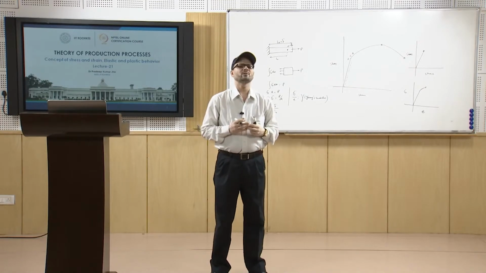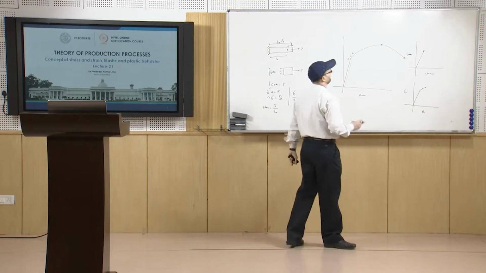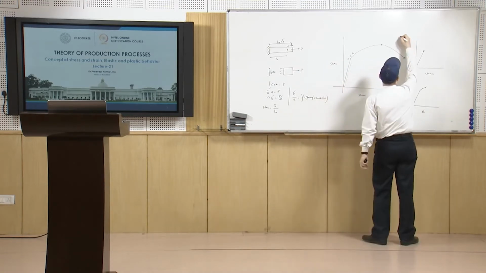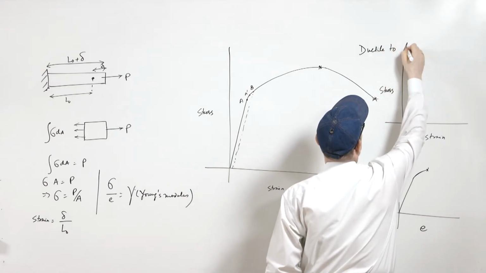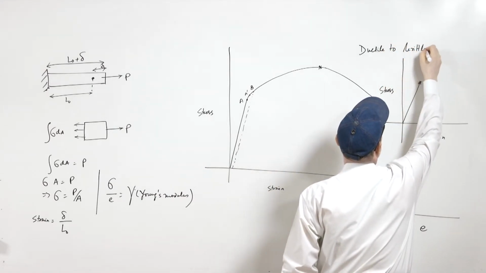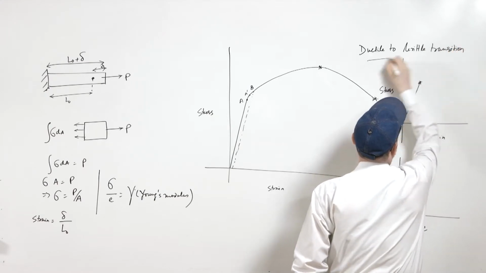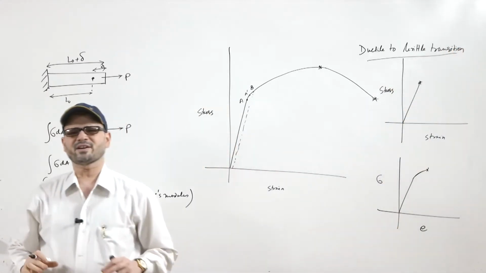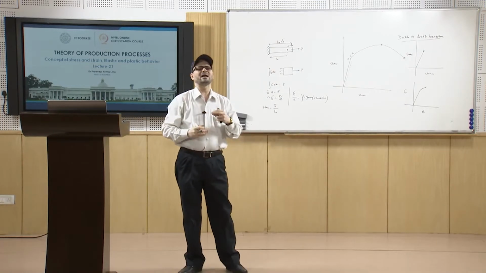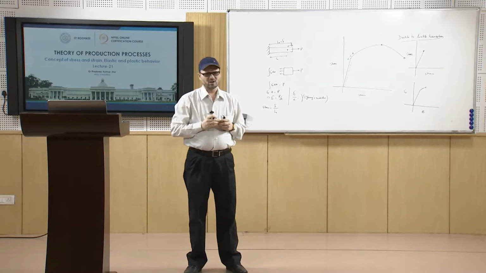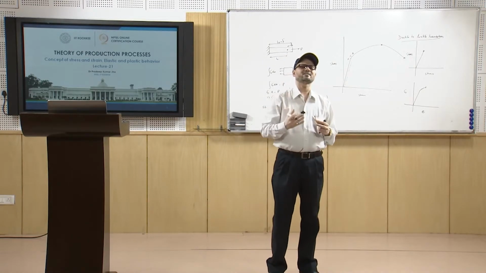there may be injury to a person. Now, there is a phenomenon known as ductile to brittle transition. There are many conditions in which a ductile material will behave as a brittle one, or brittle materials also may behave as ductile ones.